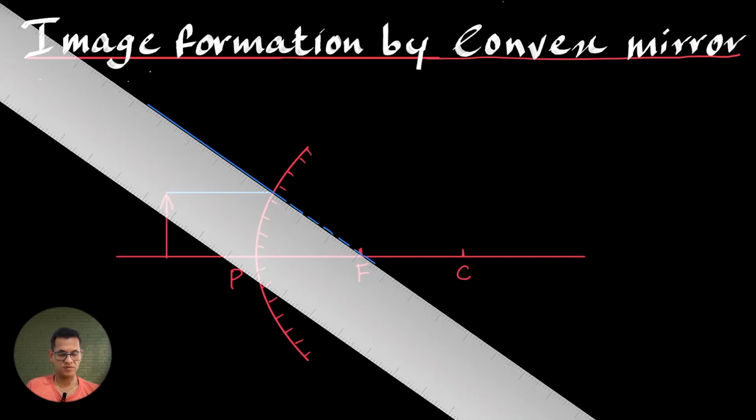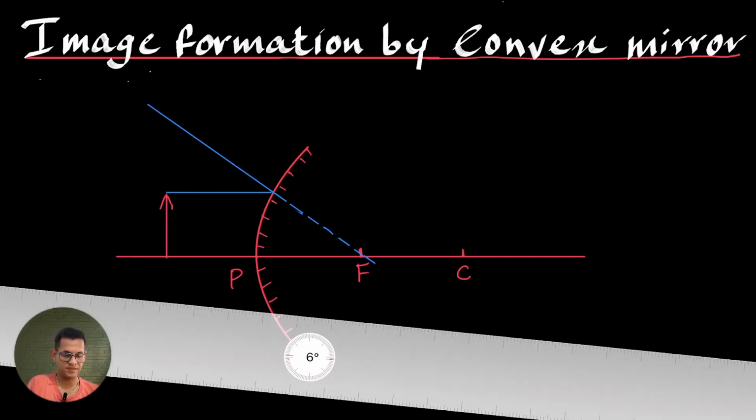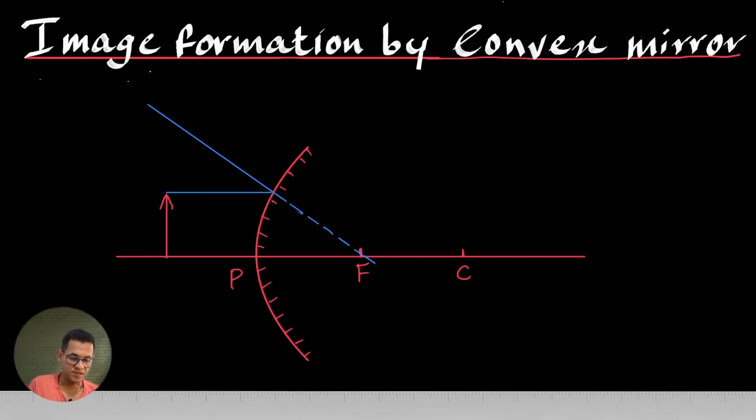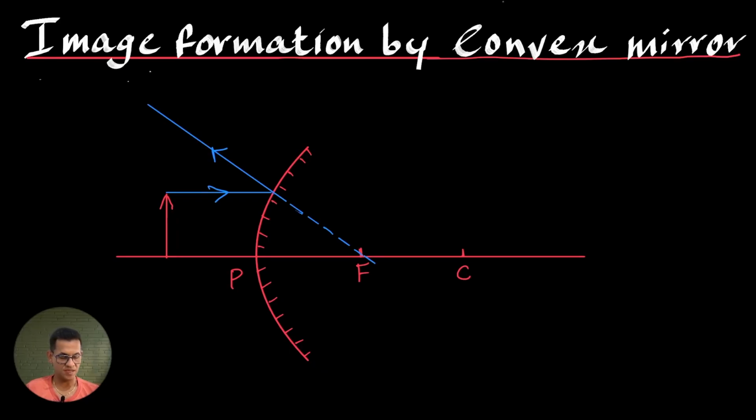So this is our first rule, that if a light ray is traveling parallel to principal axis, after reflection it appears to diverge through focus.